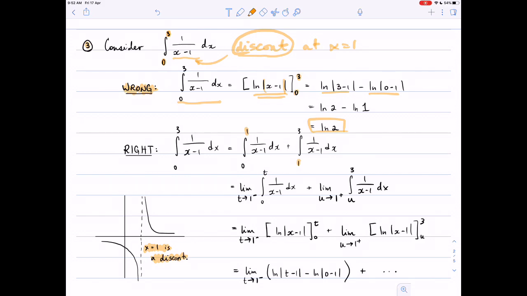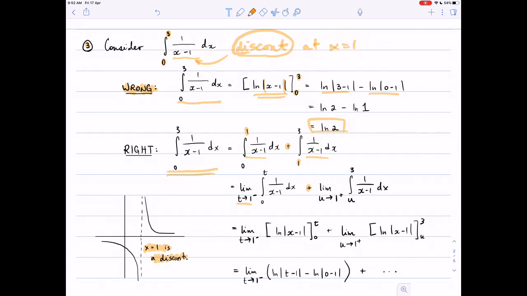And then we have two improper integrals of type 2. The original integral will converge if and only if these two pieces converge separately. So I go ahead and do the calculation for each of these separately.